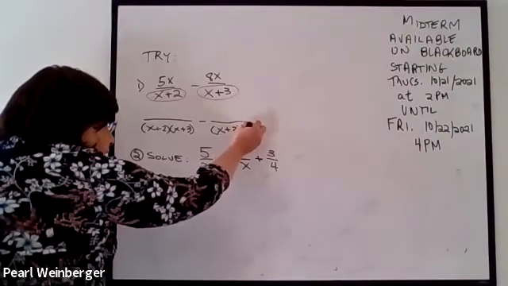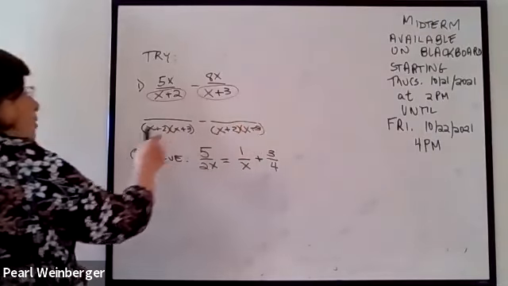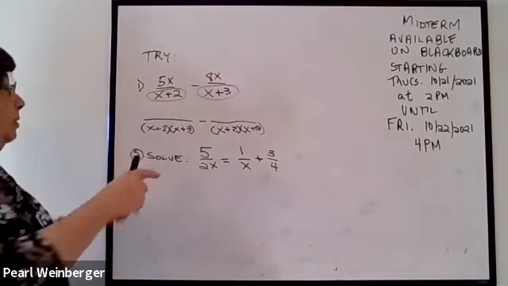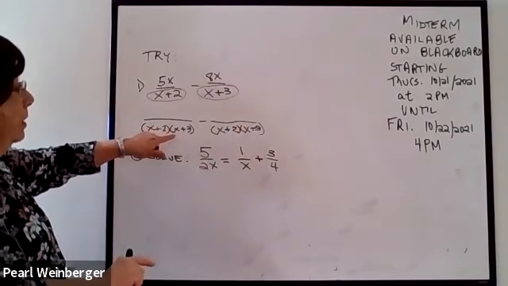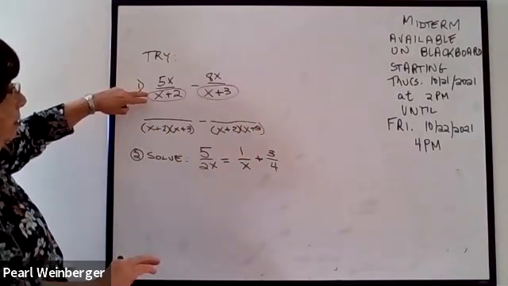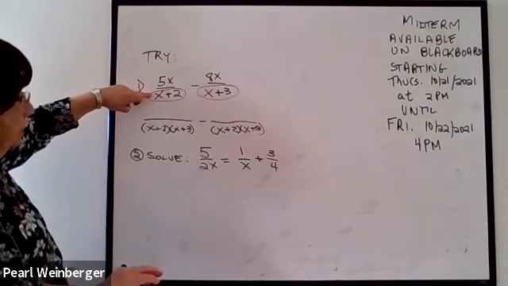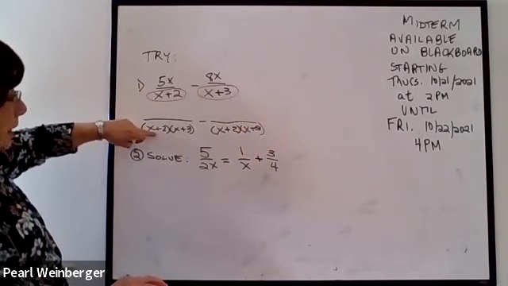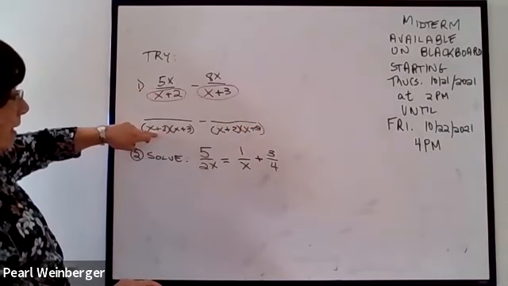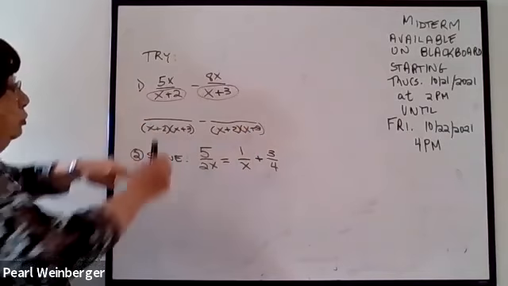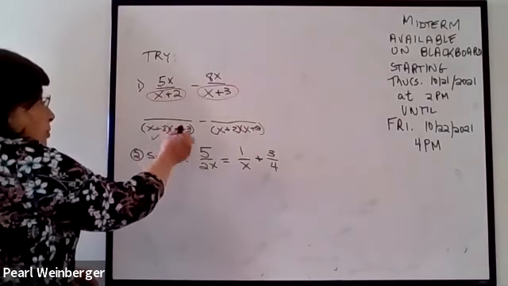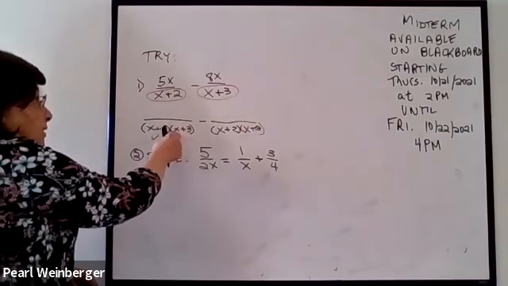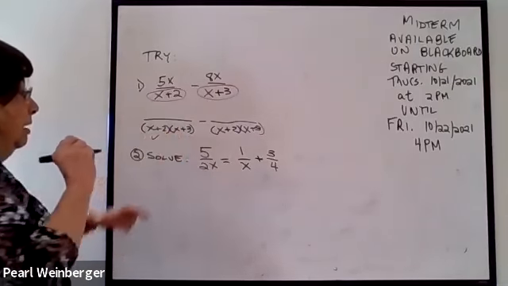So we're now going to take each of these fractions and rename them. We're going to do that by dividing the original denominator, which let's say in this case it's x plus 2, into the x plus 2, x plus 3. Obviously, the x plus 2 gets canceled out. So what I'm left with is x plus 3.